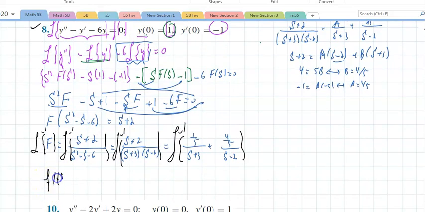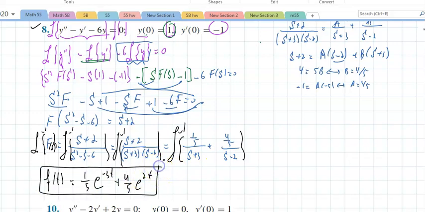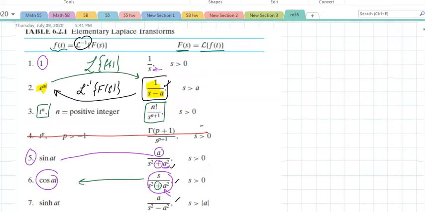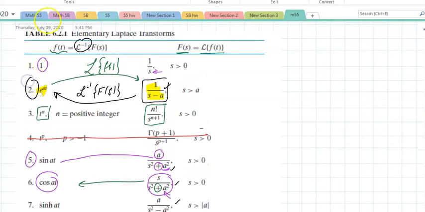Isn't that f of t because that's F of s? And wouldn't that be 1/5 e to the -3t plus 4/5 e to the 2t? And this is by what property? This is by property number 2.